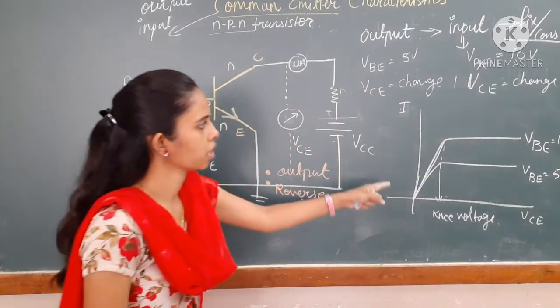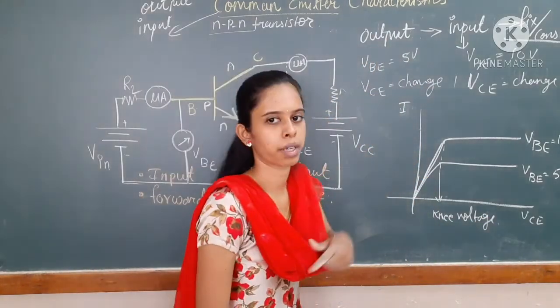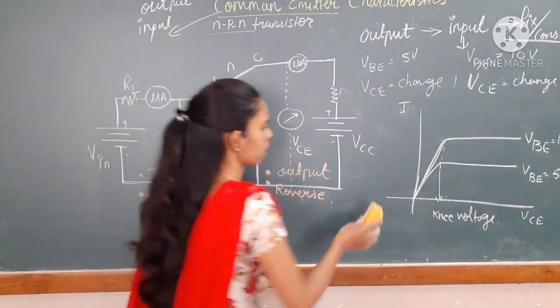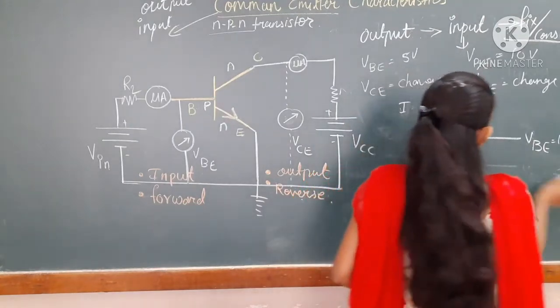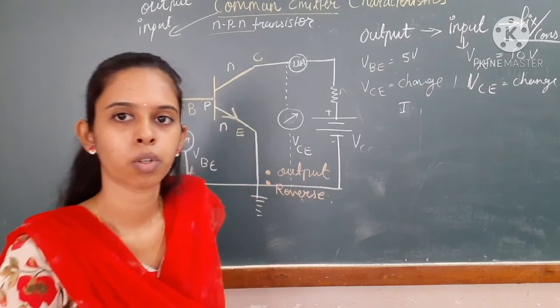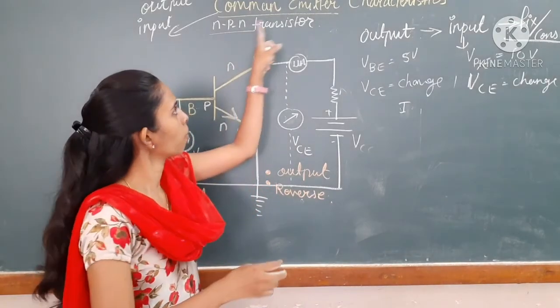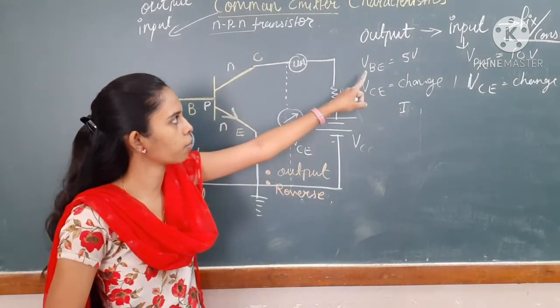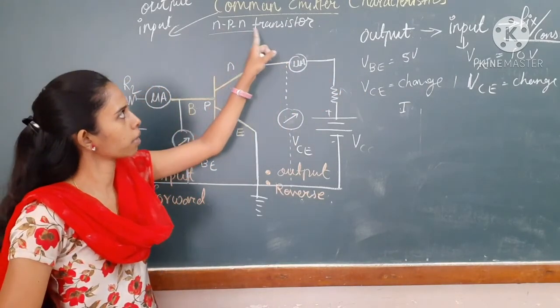Okay. So this is the graph for the output characteristic. So input and output characteristic we have discussed, and I think you have understood the input characteristics. So this is all about the common emitter characteristics. That is, we have studied input and output, and we have used an NPN transistor.